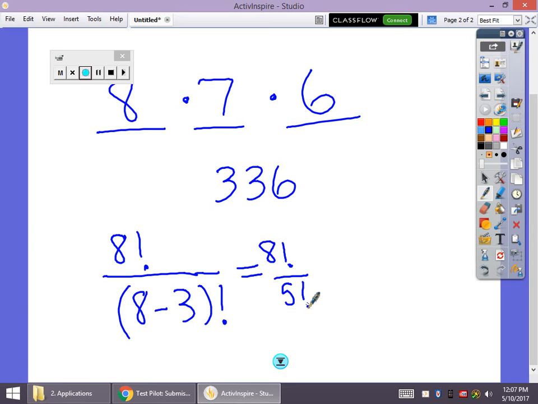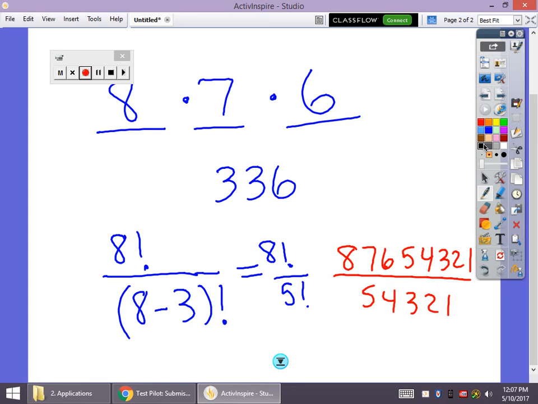So when I write it out, remember to write it out before you do the math. 8, 7, 6, 5, 4, 3, 2, 1, they're all multiplication. And then 5, 4, 3, 2, 1. What cancels? Yep, 5, 4, 3, 2, 1. So I'm left with 8 times 7 times 6, which is the same answer I got from the fundamental counting principle way. Yes? Okay. All right, let me give you a moment to copy that down if you haven't.